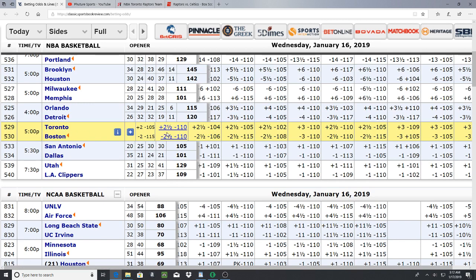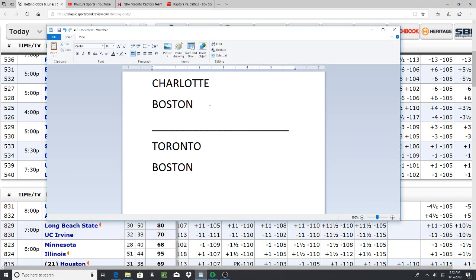Now if they make this line 6, if they make Boston a 6-point favorite, what that means is there could be some sort of major injury for this team Toronto.